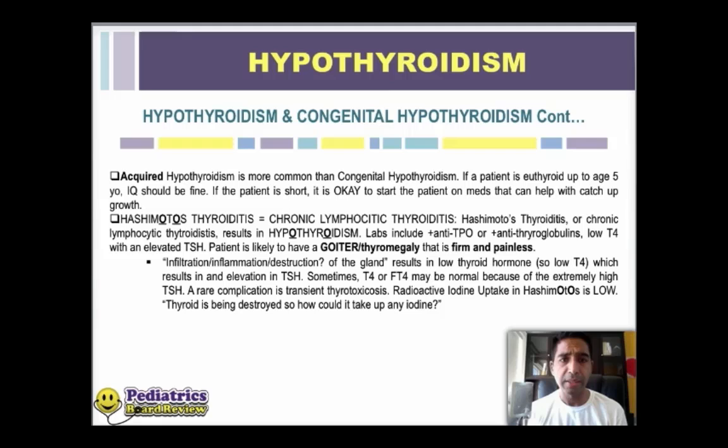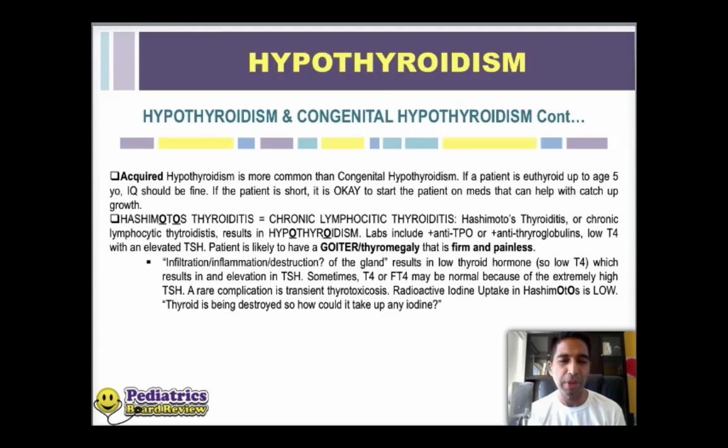The way I think about this is there's some sort of inflammation, infiltration, or destruction of the gland, and that's where the lymphocytic thyroiditis comes into play. That results in low thyroid hormone, so low T4, which then results in an elevated TSH. Sometimes the T4 or free T4 may be normal because of extremely high TSH.